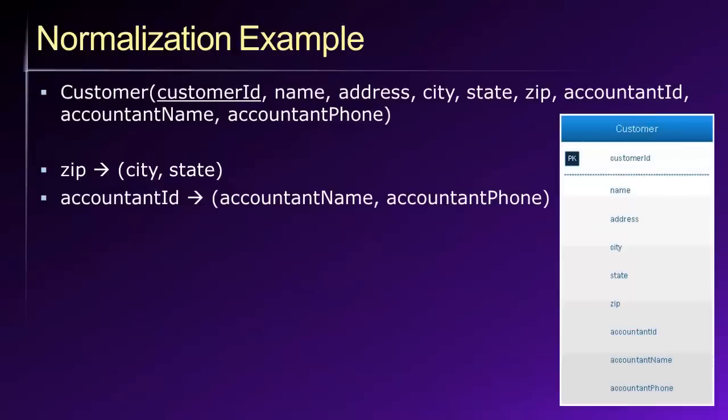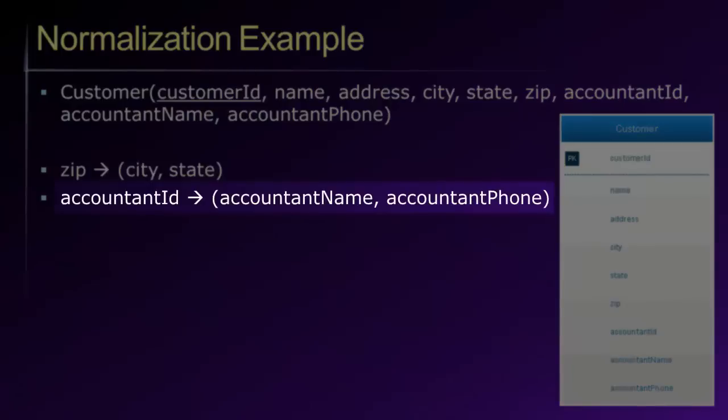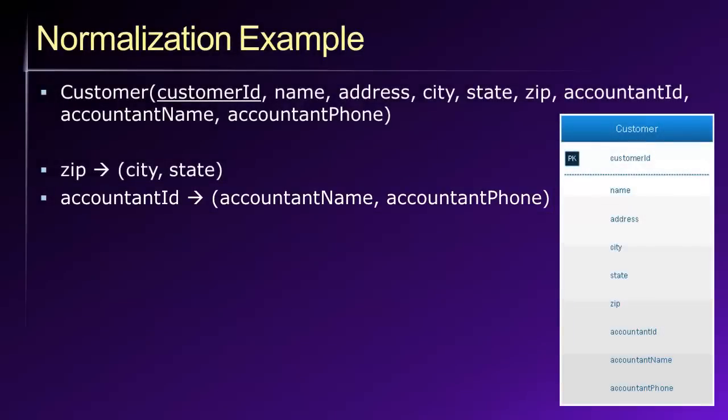Furthermore, in this table, we also see that if we know the accountant ID, we can use that information to determine the name of the accountant and the accountant's phone number. To normalize this database design, then, we will need to break the table apart into a series of smaller tables until we reach a point where every non-key attribute is fully functionally determined by the primary key.